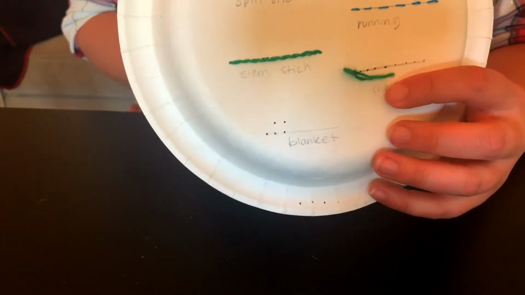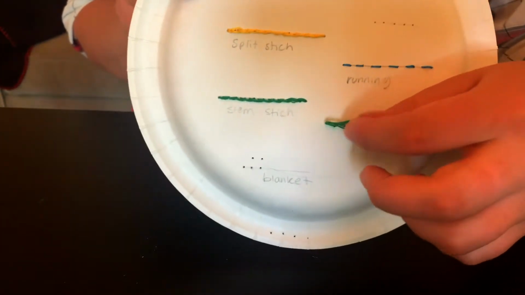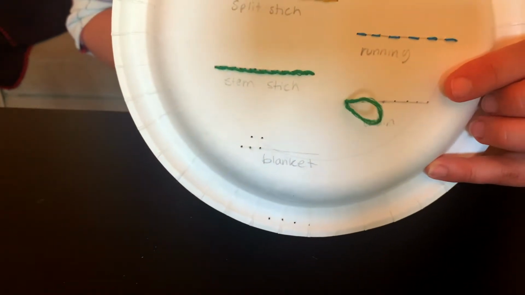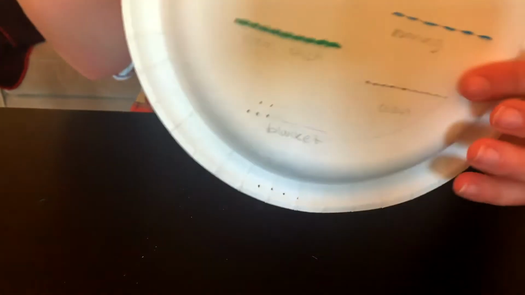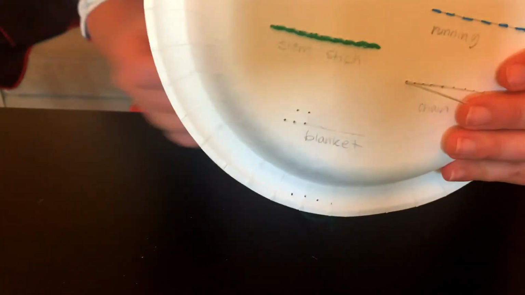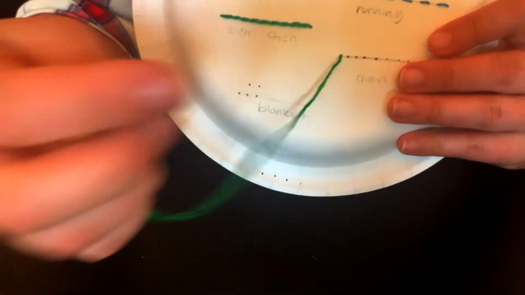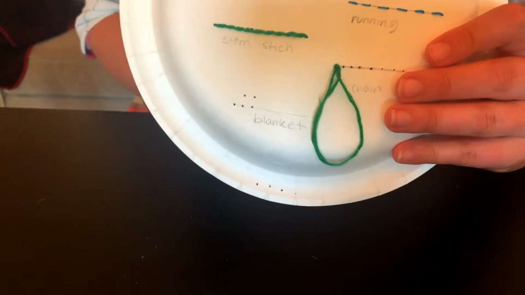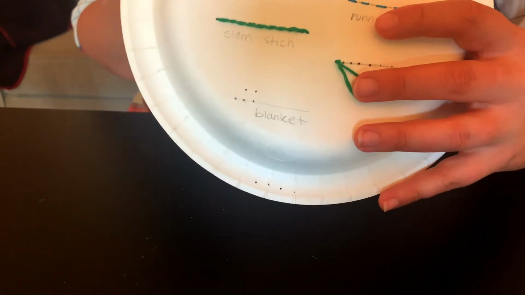And you're gonna wanna make sure that you hold on to this little loop that forms, because if you don't and you pull it through, that's what happens. It just comes out. So you wanna make sure that you have a hold on the little loop that is going to form, and you don't want to lose that.